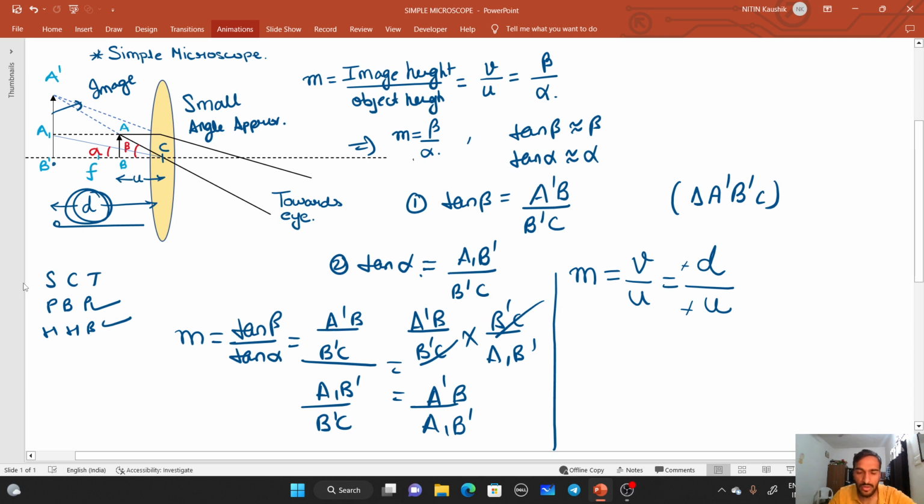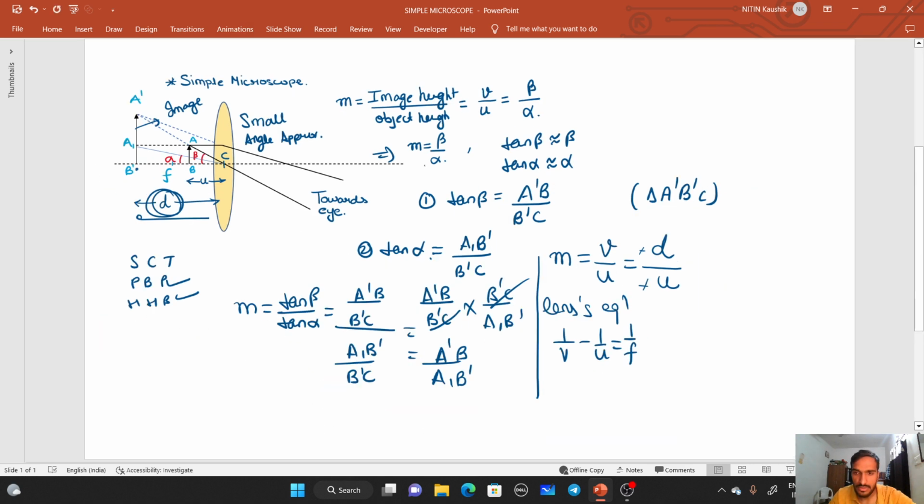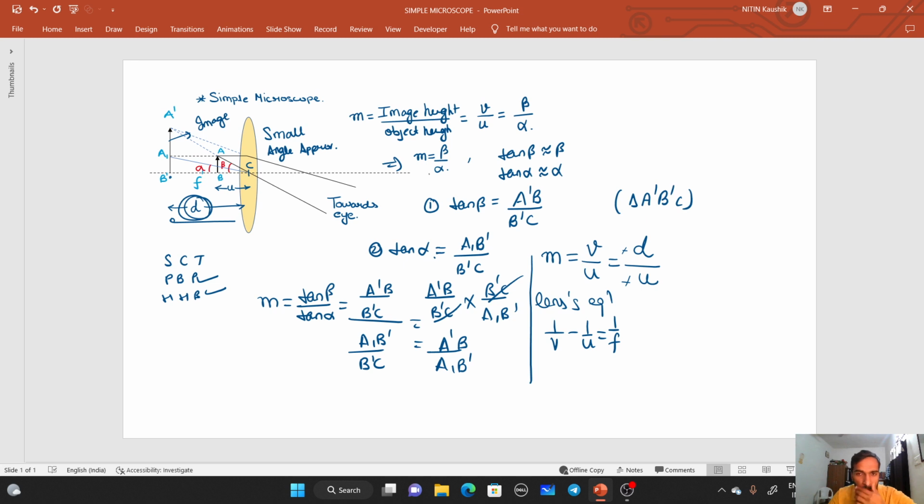Now further what we can do is use the lens equation. The lens equation is 1 upon v minus 1 upon u is equal to 1 upon f. Now if we try to simplify this, what we can do is multiply the whole equation by v.